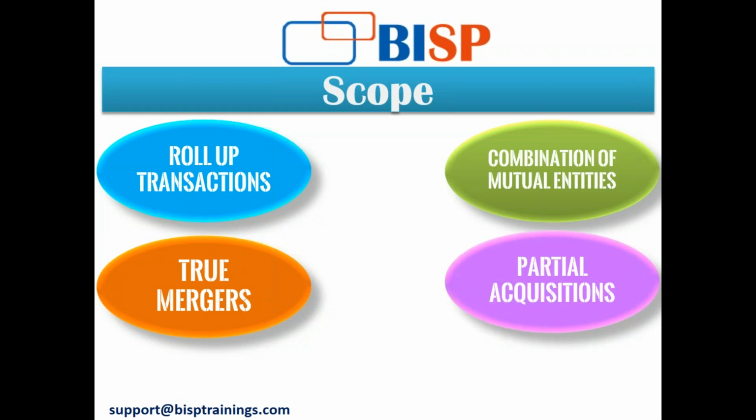Then let's come down to partial acquisition. Partial acquisition is the basic acquisition that all of us know, in which one entity acquires control over the other with more than 50 but less than 100% of the voting rights.